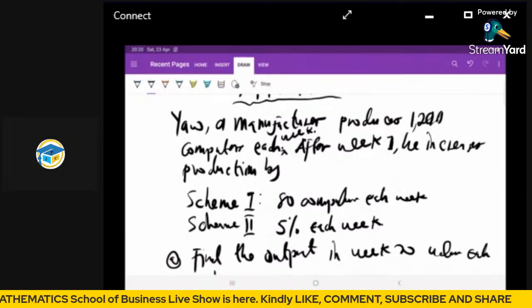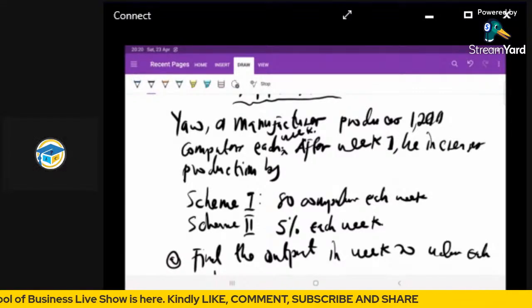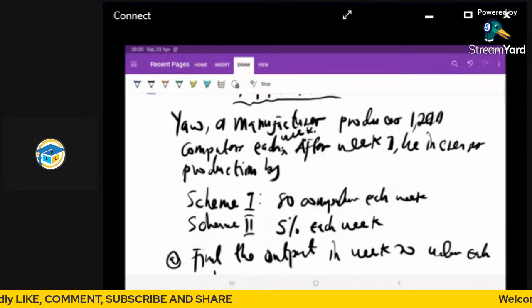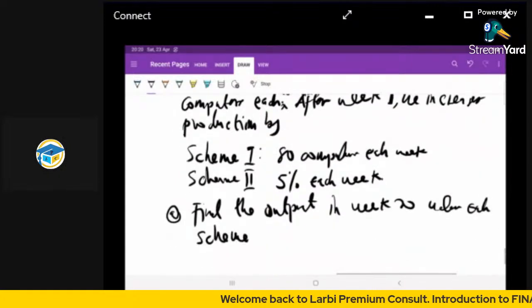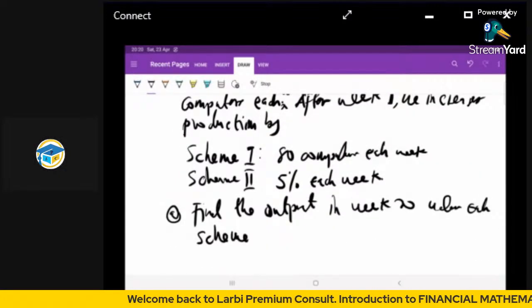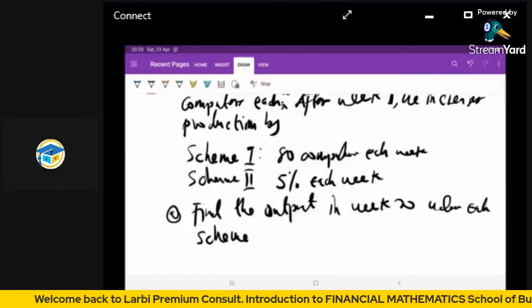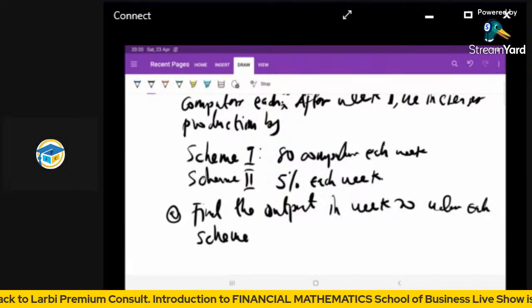The production increase has been divided into sections: scheme one, which is 80 computers each week, and scheme two, which is 5% each week. So the question is telling us that we should find the output in week 20 under each scheme.